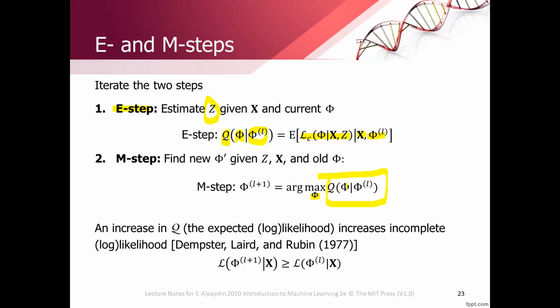We look at this function as the variable is Phi. So the Phi with superscript L is our current set of parameters. And both these steps are alternately evaluated.